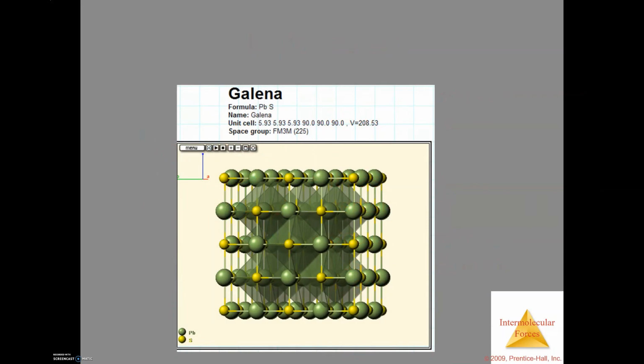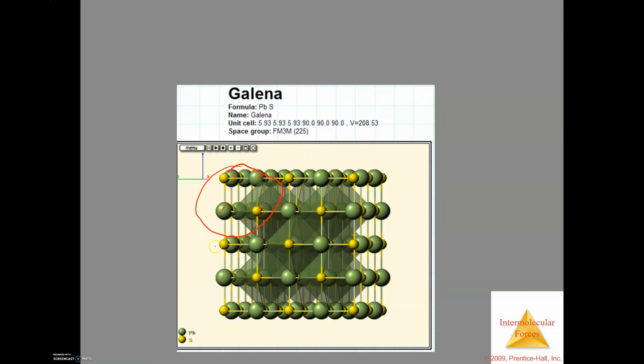Here's another example. This is galena, and this is an image that has multiple unit cells. If we were to figure out the empirical formula, we would just take one of those unit cells and determine the empirical formula for that. Now, the Pb are the larger atoms.